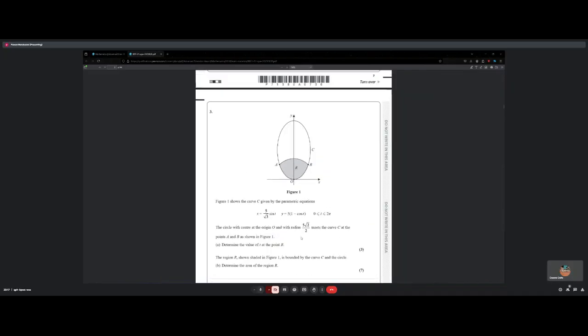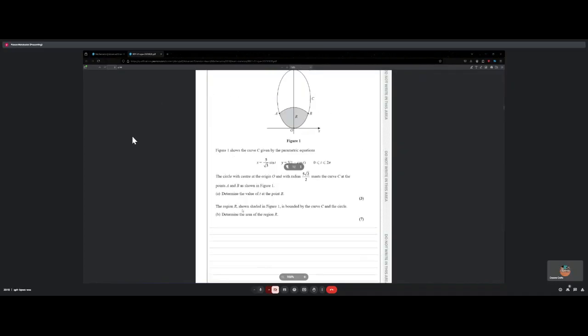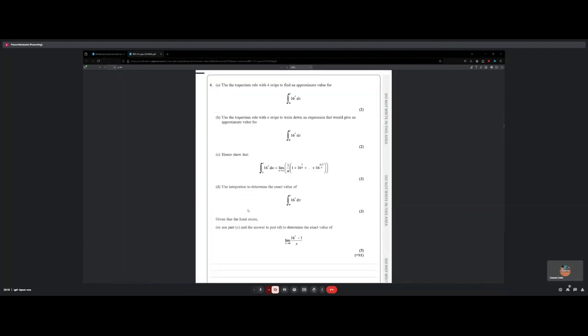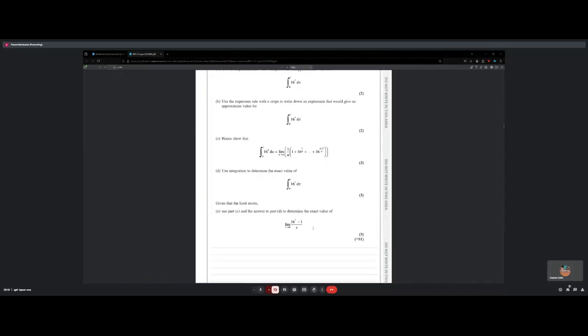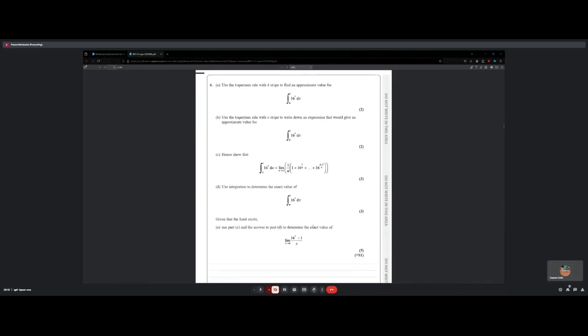Parametrics. I haven't looked at this question in detail. It looked good. There's a bit of an area thing there. This is what you should be doing later on, I believe. There's a good question on integration here. If you were to ask me to do this paper, 100% I can't get all the questions right. A lot of people can't.